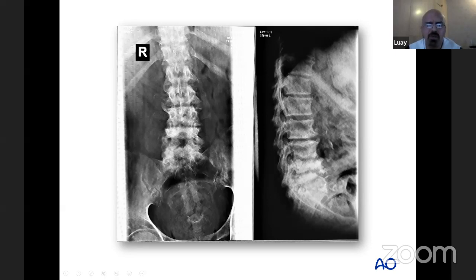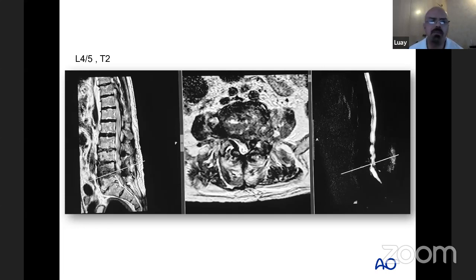The MRI shows, here in the L4-5 T2 image, signs of ongoing severe discitis, hypointense in T2 at L4-5, and there is a big hypointense area in the lateral recess of L4-5.